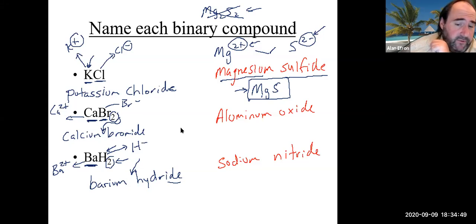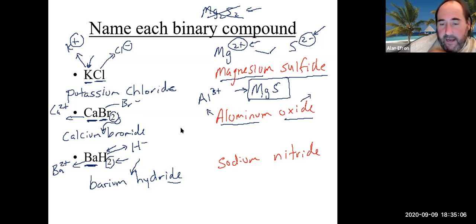Aluminum here is group 3 and a metal. Oxide is oxygen, which is group 6 and a nonmetal. Aluminum is group 3, as I just mentioned, which is +3. Oxygen is group 6, which is going to be -2. Now when we put this together, we want to look for the common number between 3 and 2. If you multiply them together, you get 6.